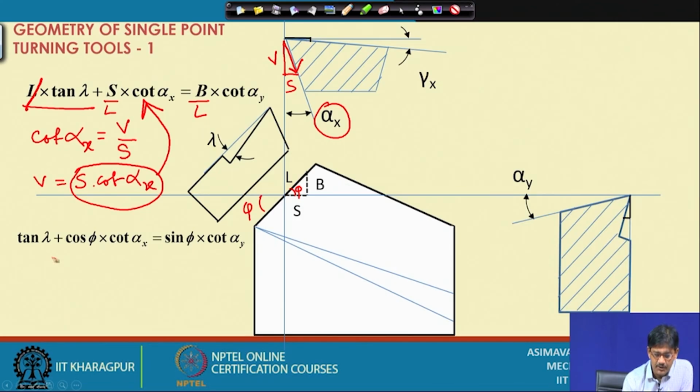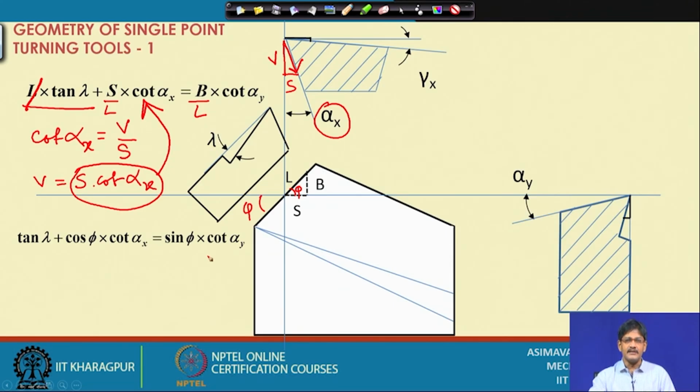This relation gives us a relation between lambda, alpha x and alpha y. So, we establish a relationship between clearance angles and the inclination angle.